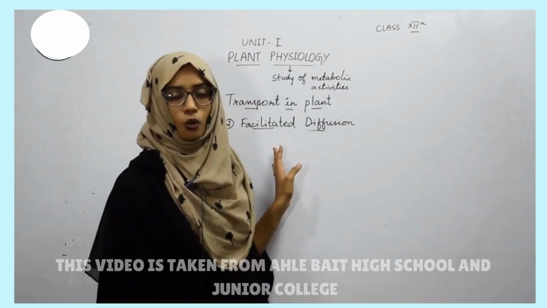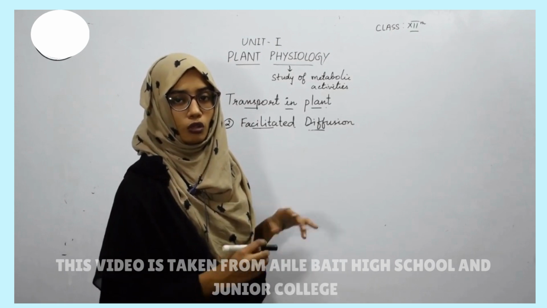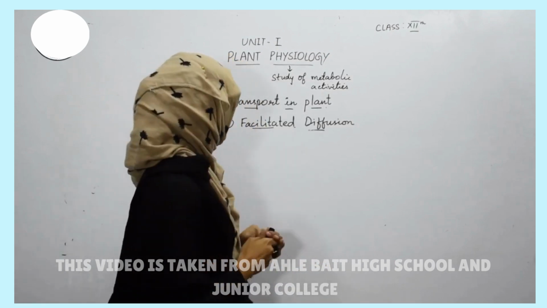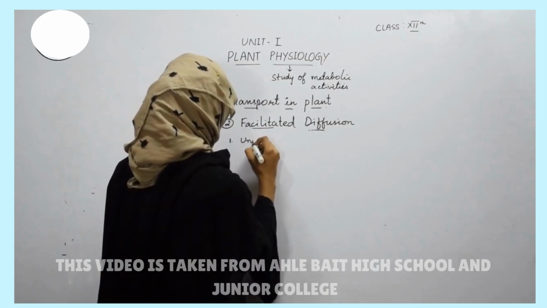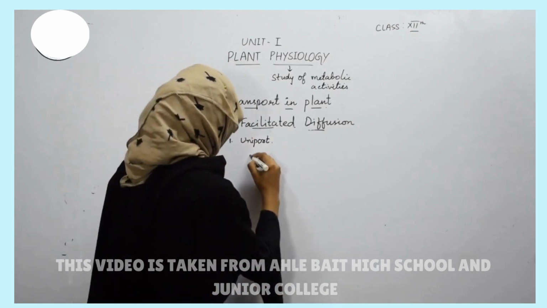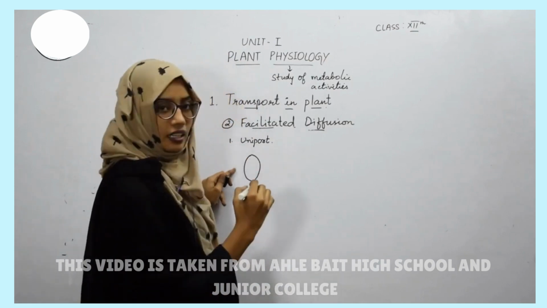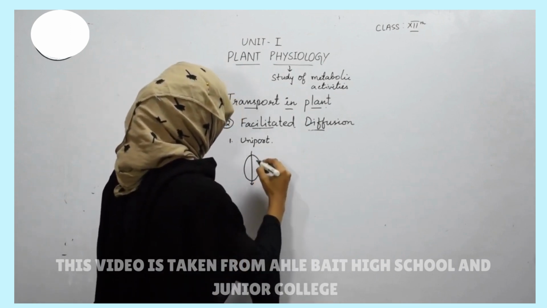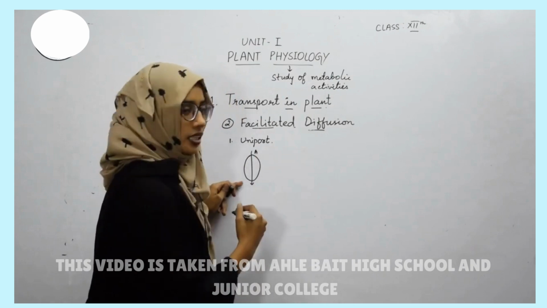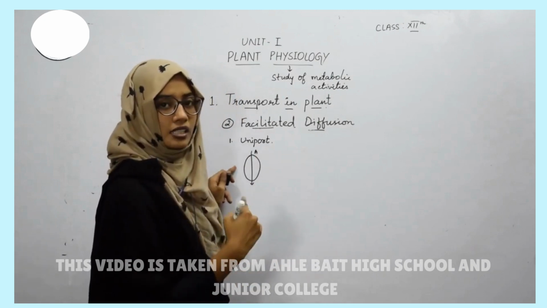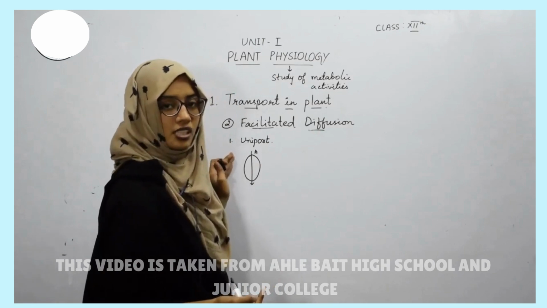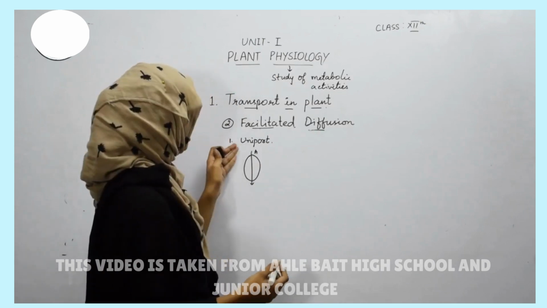Facilitated diffusion shows three ways by which the molecules or the particles get inside the cell. The first is uniport. In this type, the carrier proteins carry only one particle inside the cell. Only one particle is getting transported inside the cell through carrier proteins, and this type of transport is known as uniport.